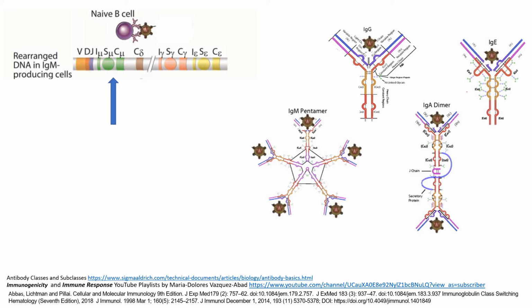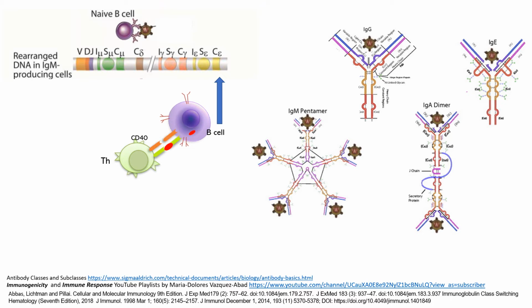And then you have a rectangular piece in there that is identified with a capital C. That's the constant region. The Greek letters mu identify the IgM, delta IgD, gamma IgG, and epsilon IgE. And it goes in that order downstream in the genes.